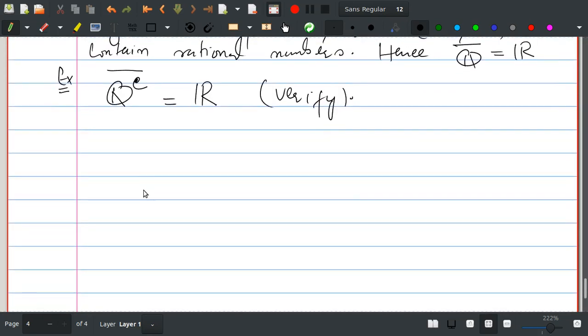Now we have the following definition regarding the closure of a set.